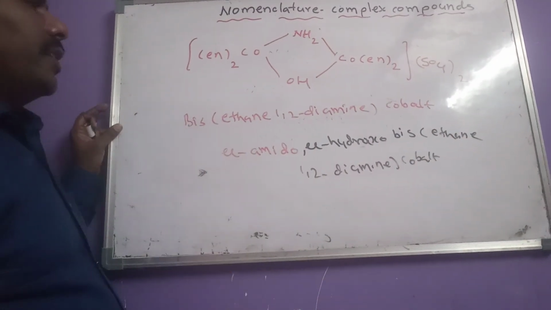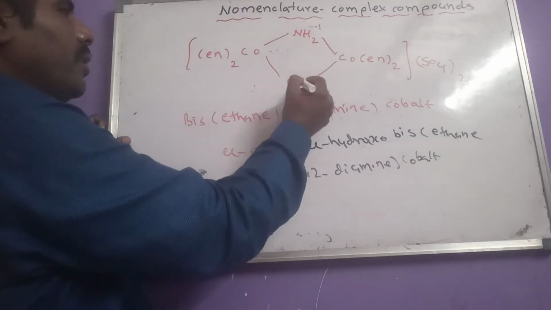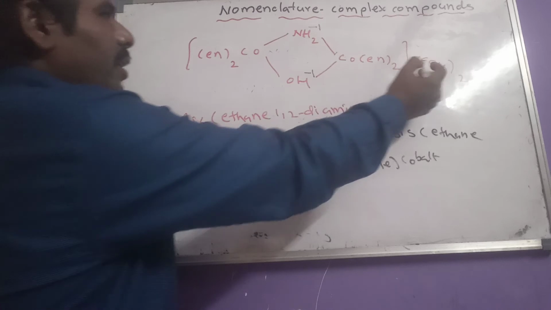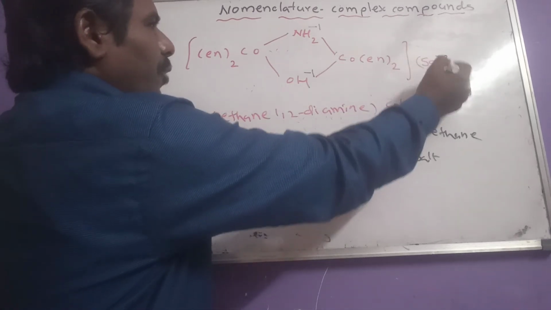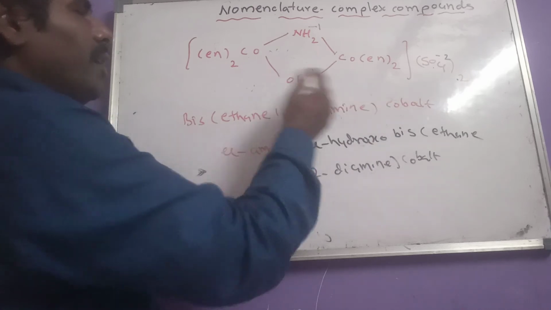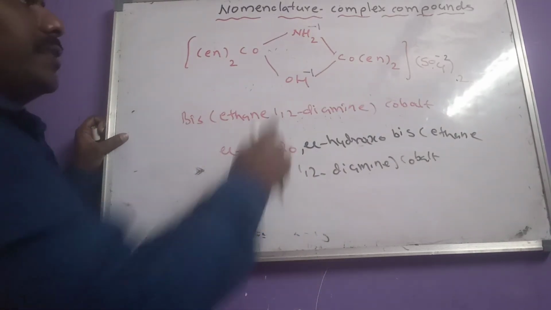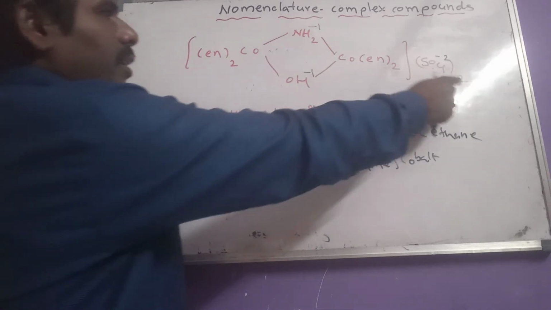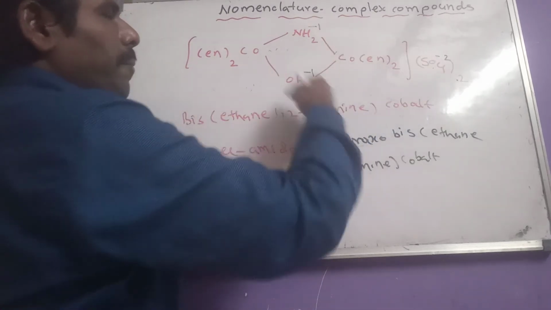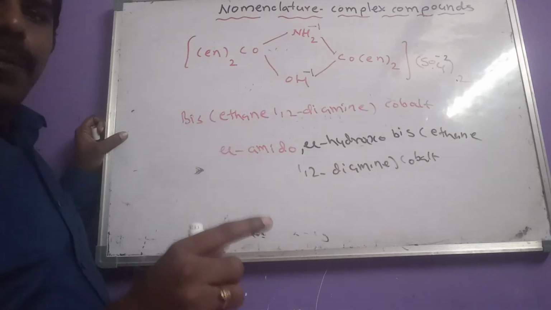Now we have to write the oxidation number also. How to split the oxidation number? Let us see here. NH2 has -1, OH has -1, and each SO4 has -2. So the total is -6, because -1, -1 and two -2s are -4. When we send this to the right side, total oxidation number is +6.